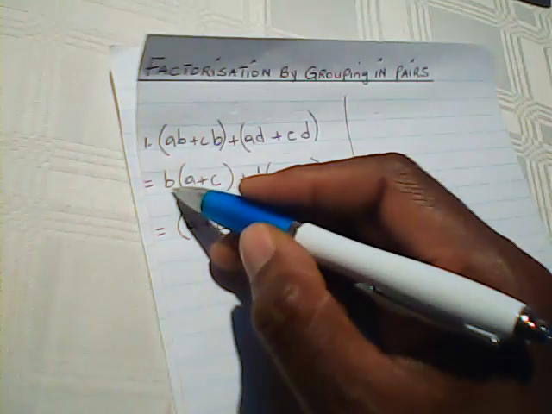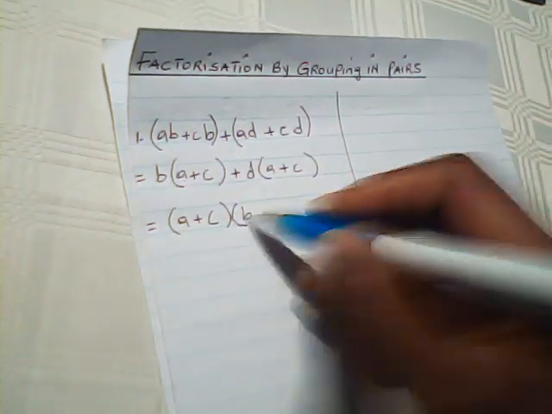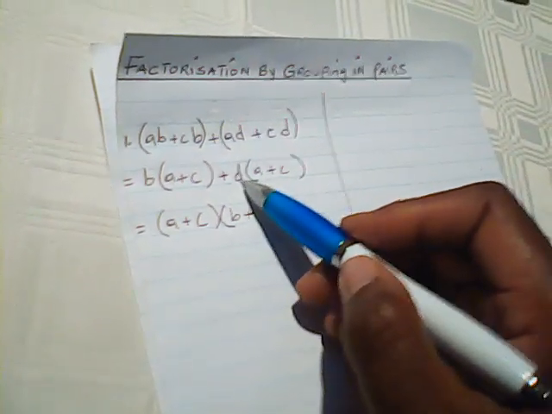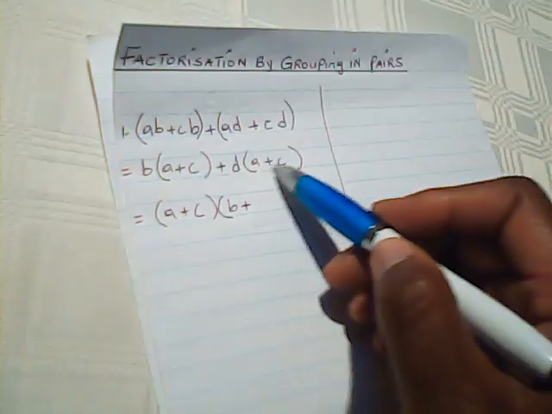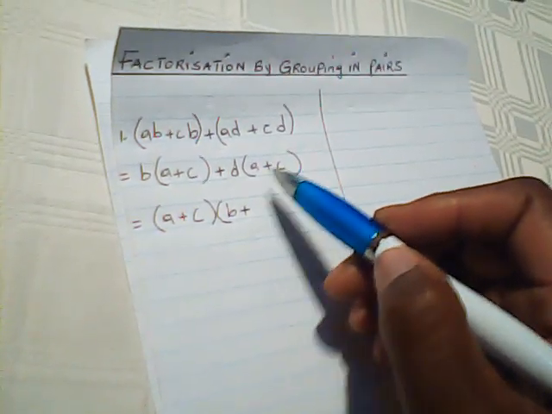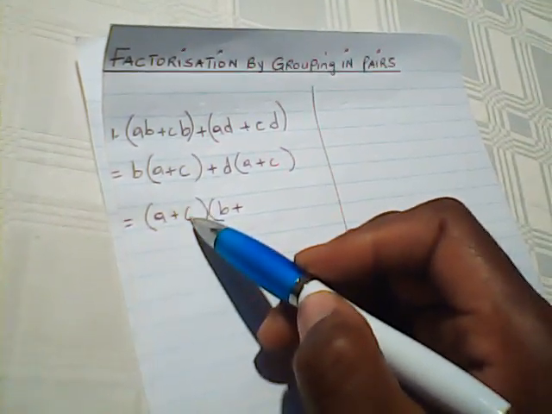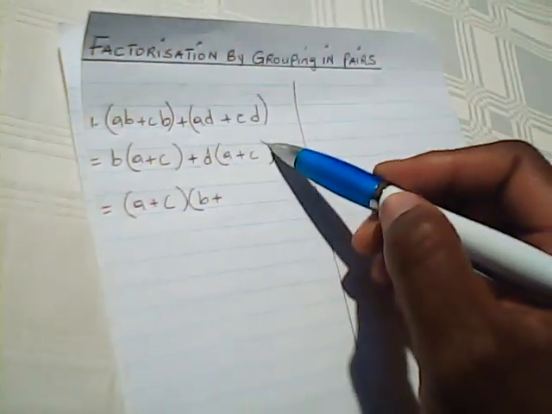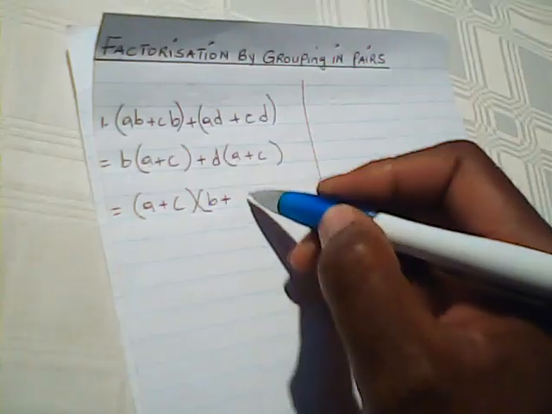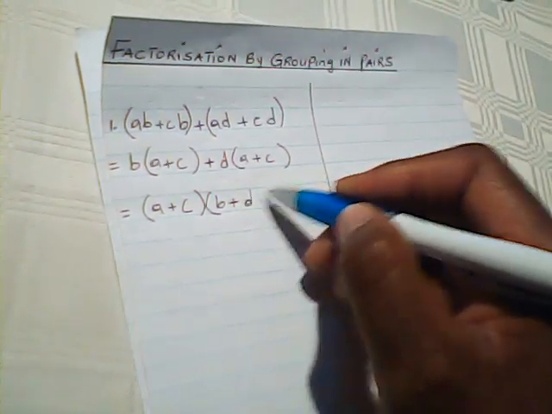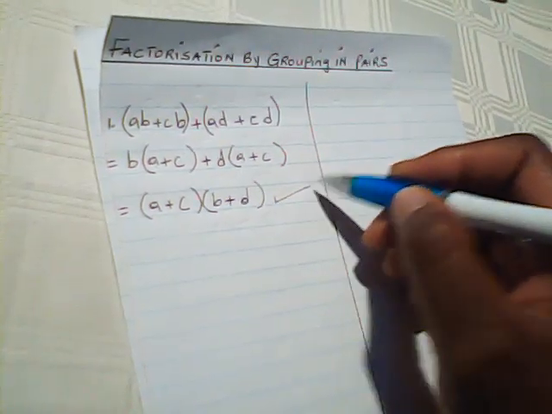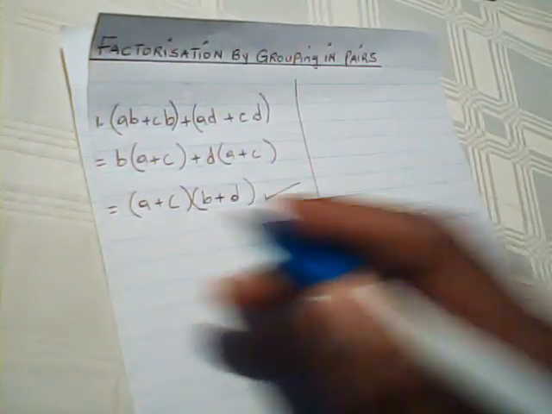Then we are left with b plus, again, d into a plus c divided by a plus c. So a plus c will cancel a plus c. Then we are left with d. Then you close. So that is our answer, and that's how it is done.